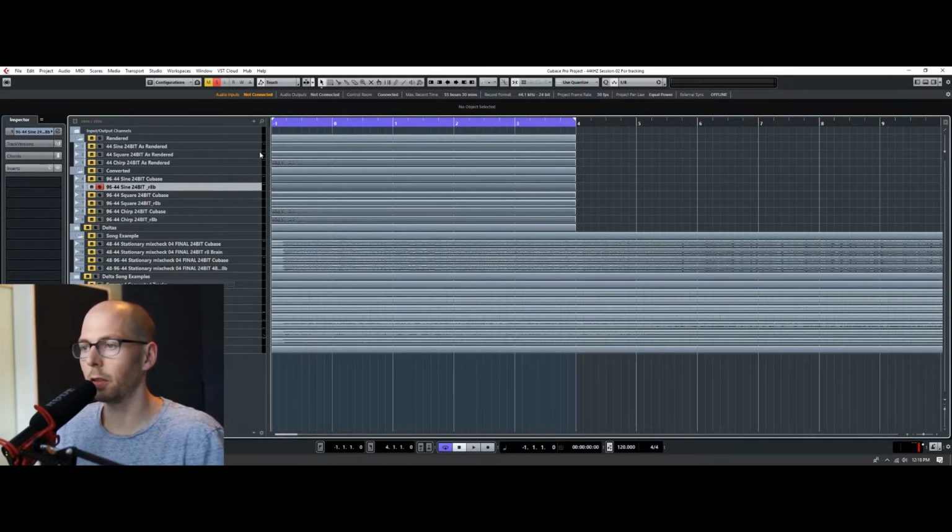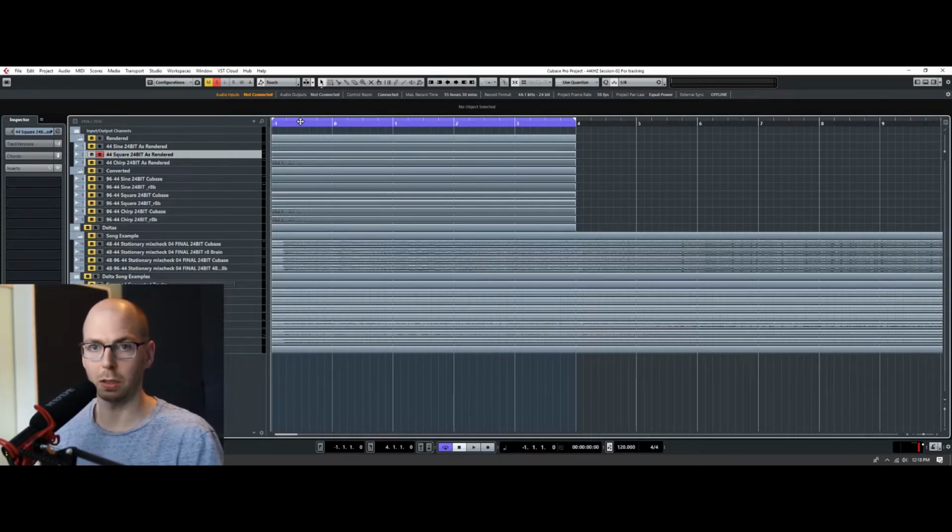Let's check out the difference in the sample rate conversion if it's a square wave, because square waves are notoriously difficult. They are essentially impossible because you have two amplitudes at the same point, but rest assured that it's very difficult to manipulate these types of waveforms transparently. So here is the rendered 44 kilohertz square wave.